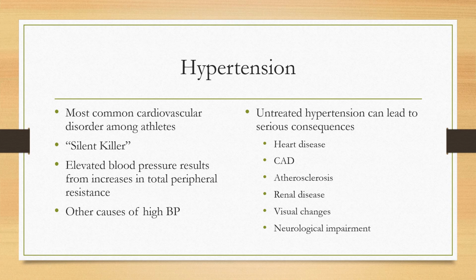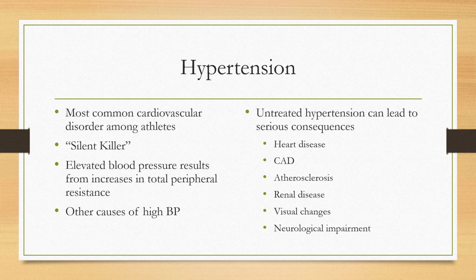It's quote unquote the silent killer because hypertension typically has no symptoms, okay? And elevated blood pressure for years can result in all of these different things on the right: heart disease, coronary artery disease, atherosclerosis, renal disease, visual changes, neurologic impairment, because there's damage being done to all of those different blood vessels throughout pretty much your entire body, okay?